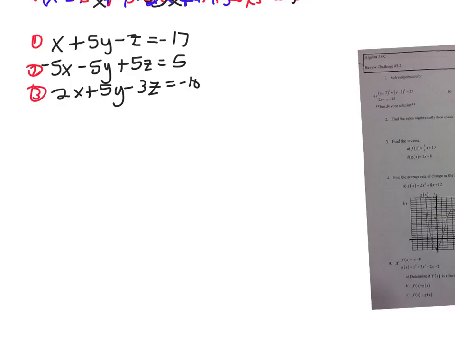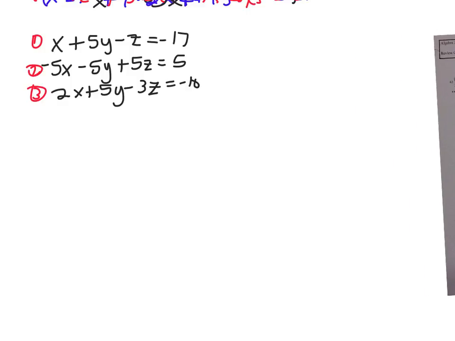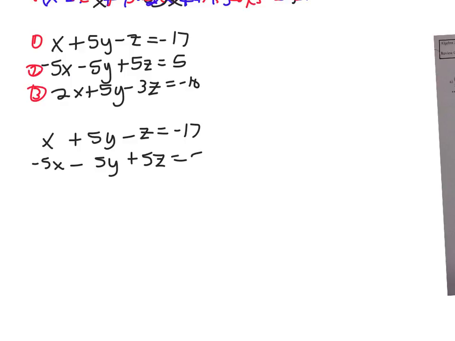Okay, so let's take a look at 1 and 2. So I have x plus 5y minus z is equal to negative 17. And negative 5x minus 5y plus 5z is equal to 5.